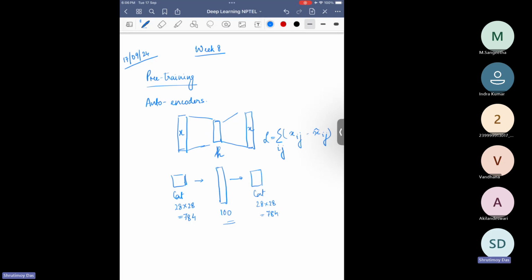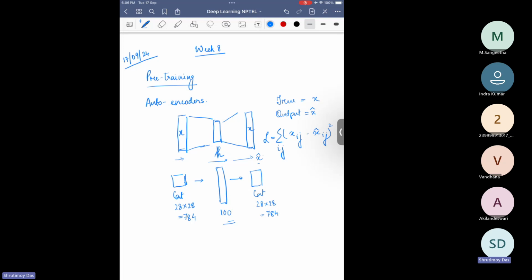So once you train this network, what will happen? You will give this image as input, and during this feed forward it will compute some h, which is the hidden representation, and then it will output something, say x hat. So your true label in this case is x, and your output is x hat. Suppose this is a squared error.